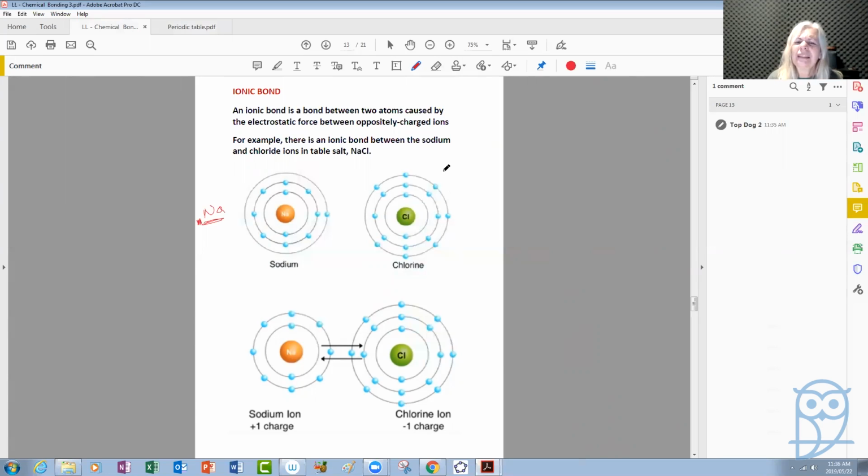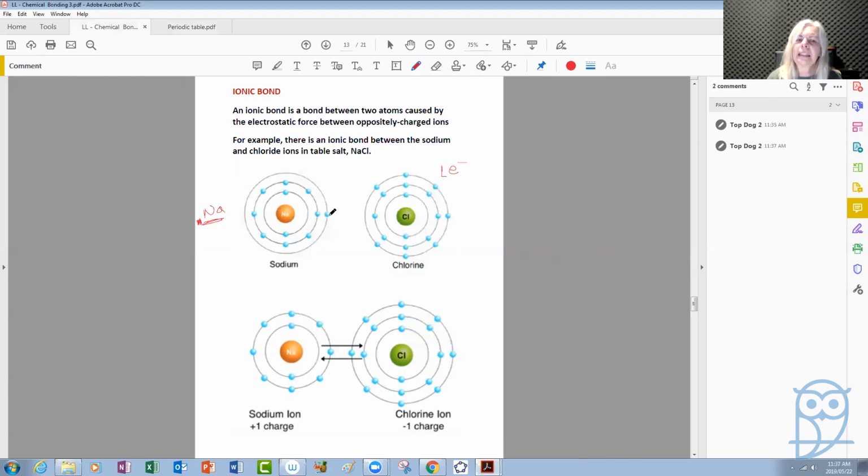So you see the chlorine needs one electron. It needs to pick up one electron to acquire the structure of a noble gas, to complete its outer energy level. It just needs one, only one. The sodium has one electron all by itself, so it would need another 7 to complete its energy level.